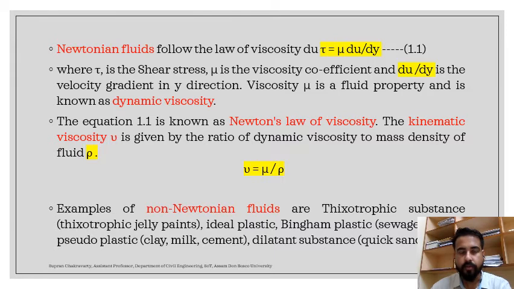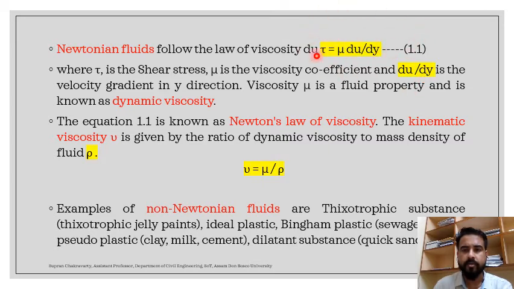Okay, so there are two types of real fluid. One is Newtonian and the other is non-Newtonian. Newtonian fluid is nothing but the fluid that follows or obeys the law of viscosity, Newton's law of viscosity. This law states that shear stress is equal to mu du by dy.